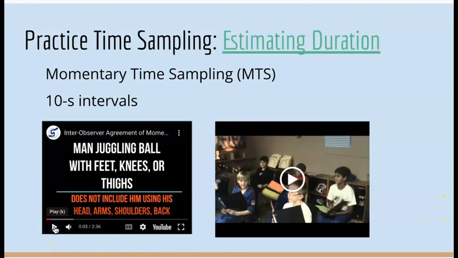So essentially, if the man is juggling the ball with feet, knees, or thighs at the moment that you're supposed to measure, you would count it as an occurrence. If the man is using his head, arms, shoulders, or back to touch the ball at that moment, it would not be an occurrence of behavior. So you're looking at the man juggling the ball with feet, knees, or thighs. Let's watch and see.